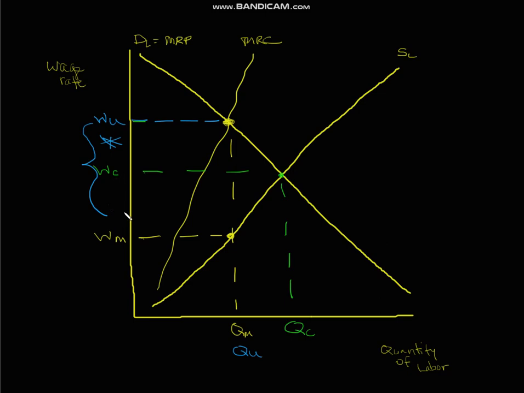If management has a better bargaining position, it's going to be down here, somewhere between WC and WM. So it's going to be somewhere in here, but in either case, we can't determine that. It just depends on who has the better bargaining position. So this is what they call a bilateral monopoly, when you have a union with a monopsonistic employer, or someone who is a wage maker.